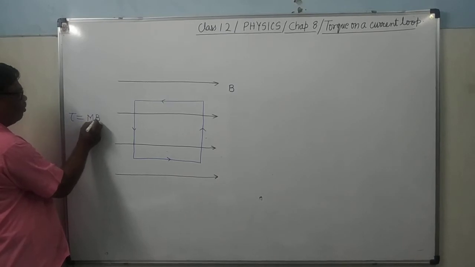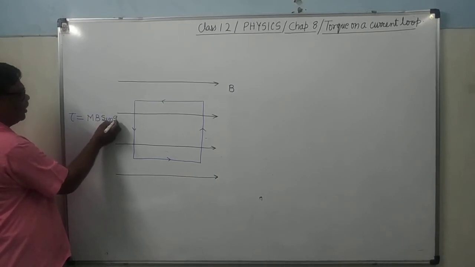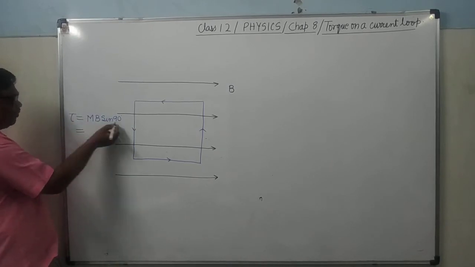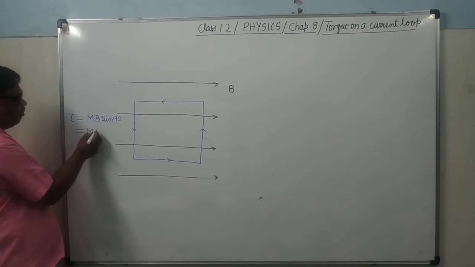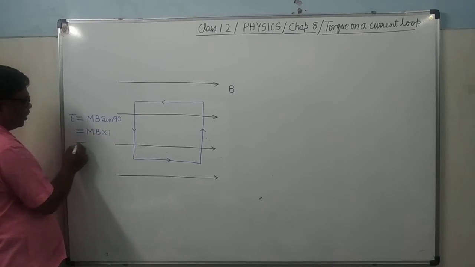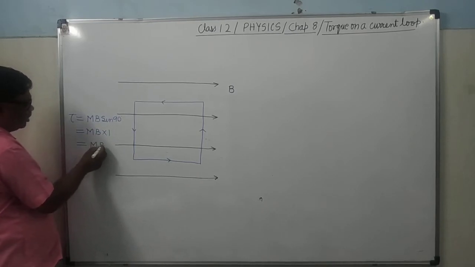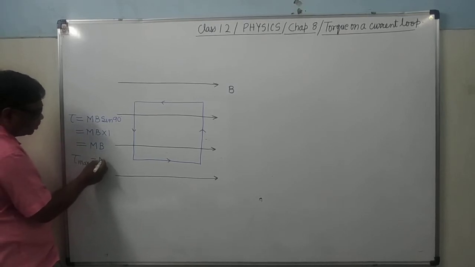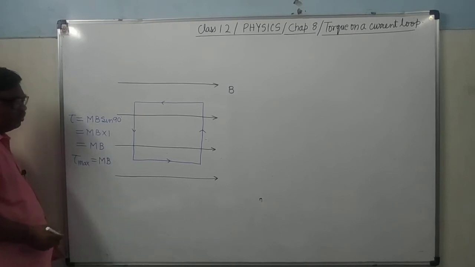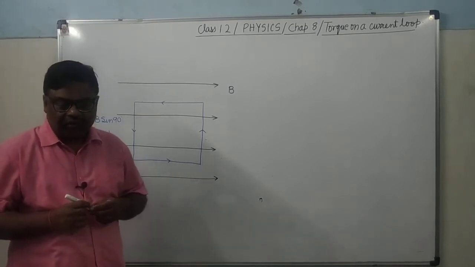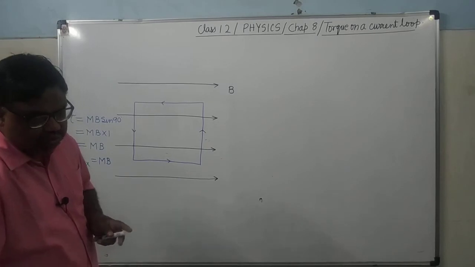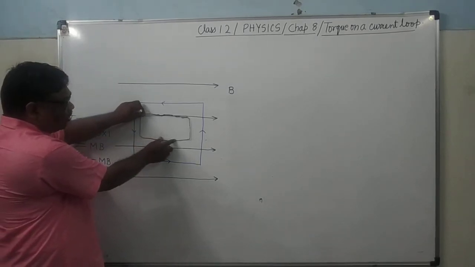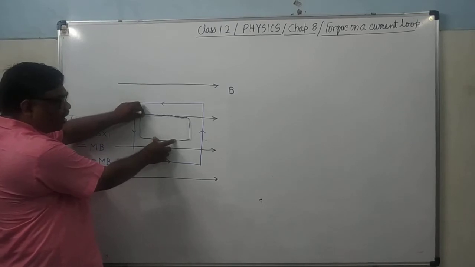Tau equals M into B into sine 90 degrees. If you simplify it, that is M into B into 1, which equals M into B. This is the maximum torque which the current loop experiences when the lines of force are tangential to the plane of coil.